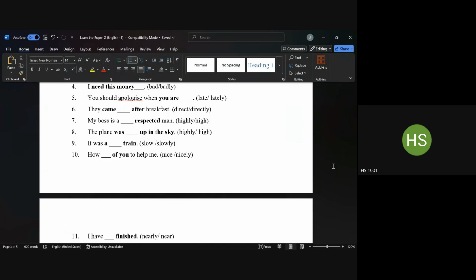So here, are we using it as an adverb or an adjective? You are late. Adjective. Because late is a complement, a word that is associated with your subject, you. So it's an adjective. Any context in which late is used as an adverb?